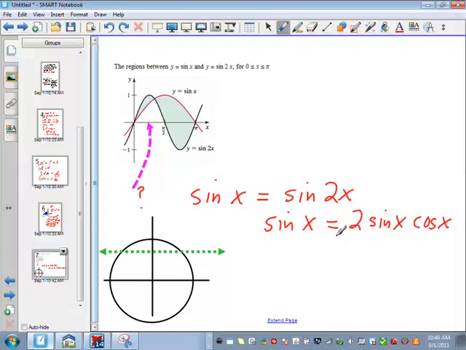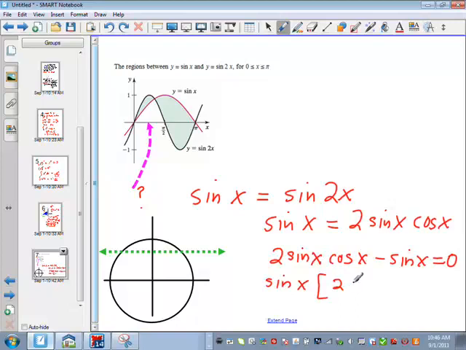And then you can go ahead and factor, or bring everything to one side. Do not divide by the sine of x. They both have sine x in common. And then it's sine x times 2 cosine x minus 1 is equal to 0.